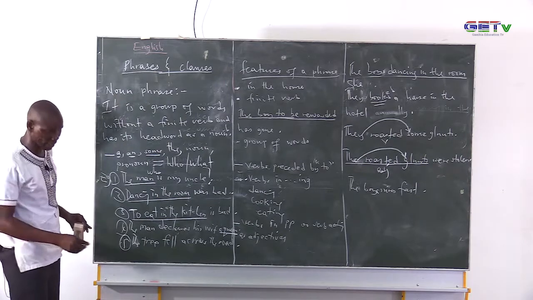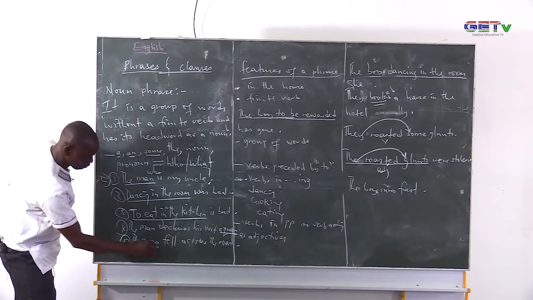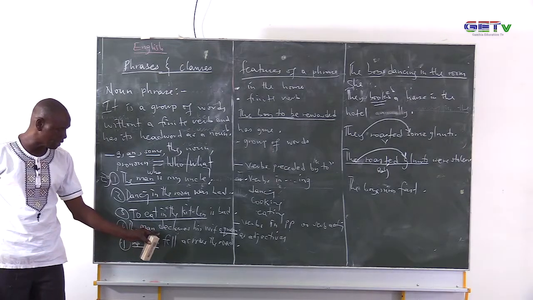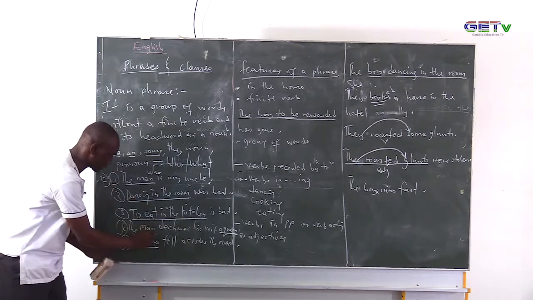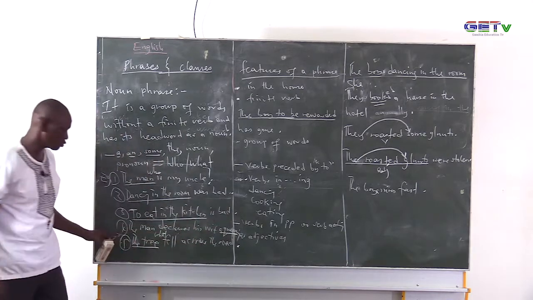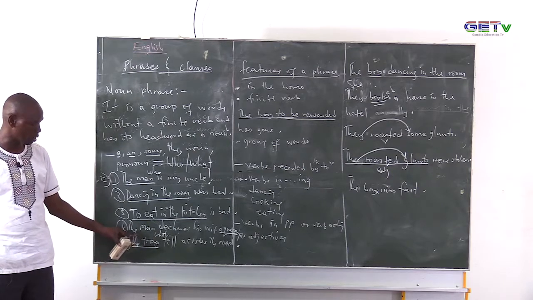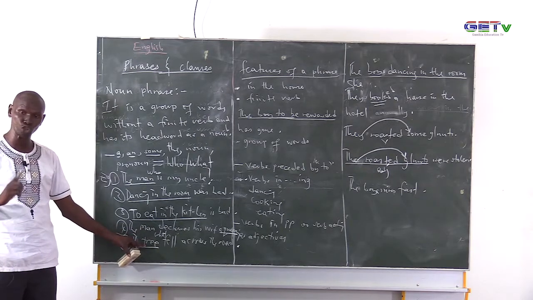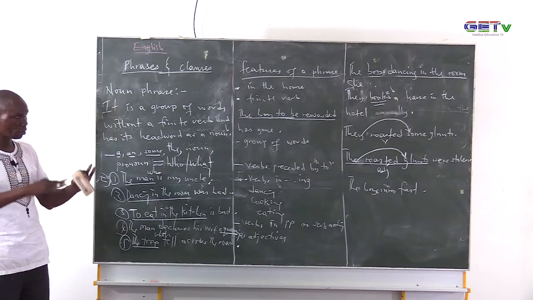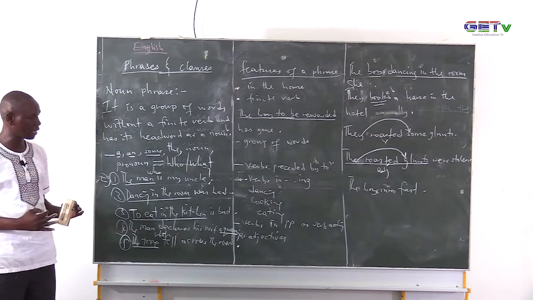Already you have the tree. If you put here, what fell across the road? The answer is going to be the tree. So it becomes a noun phrase and it becomes the subject of the verb fell. Get the point? So basically that is generally to look at examples under noun.